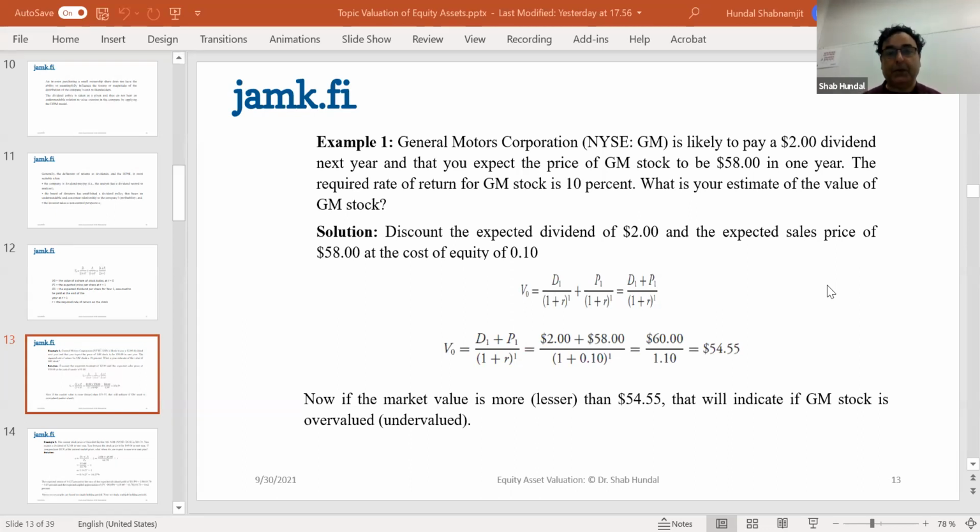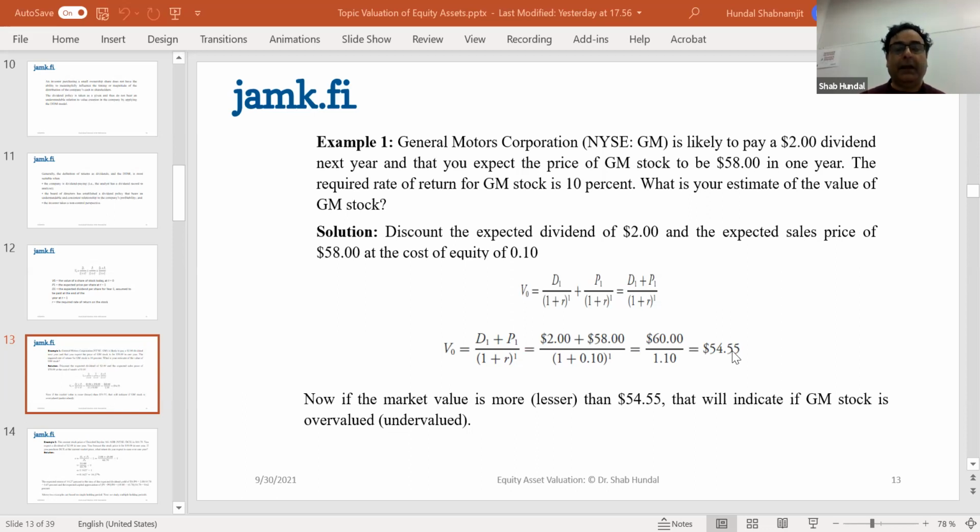So we continue with one more example, but I first want to say in a nutshell what we found last week. Then we calculate the fair, theoretical, notional price of GM.